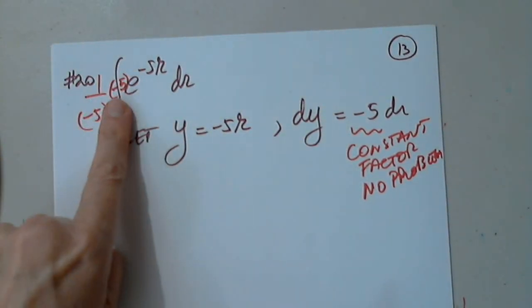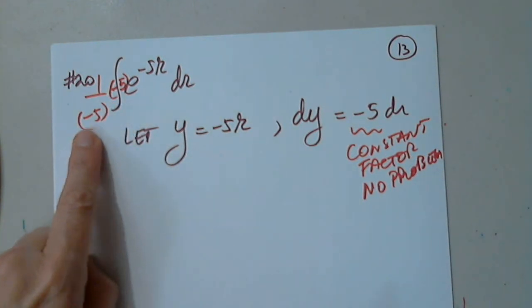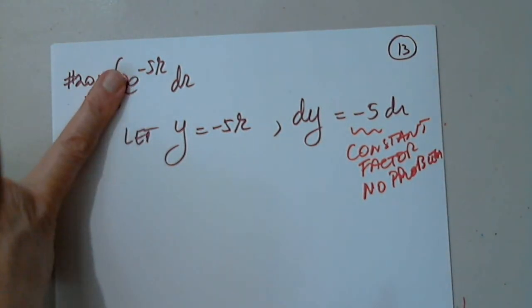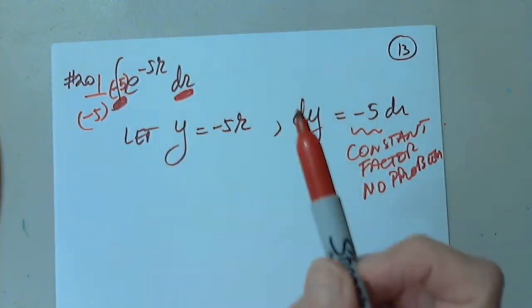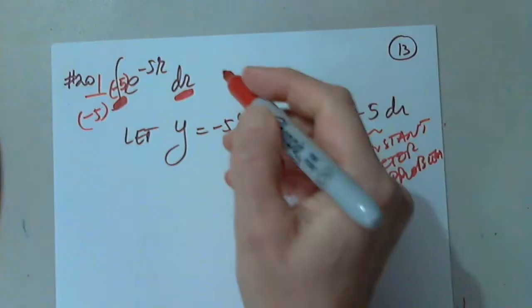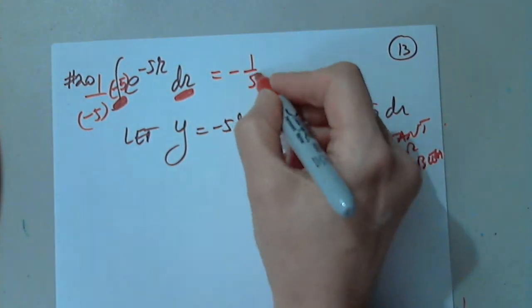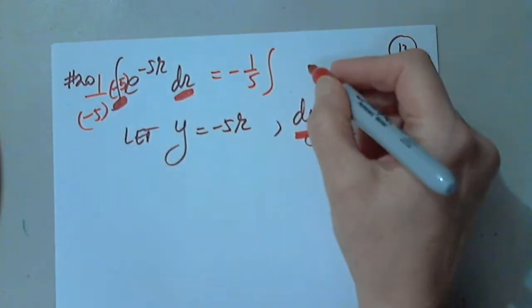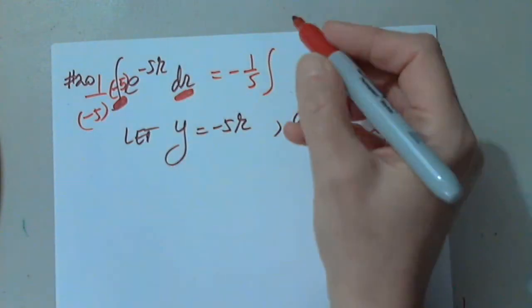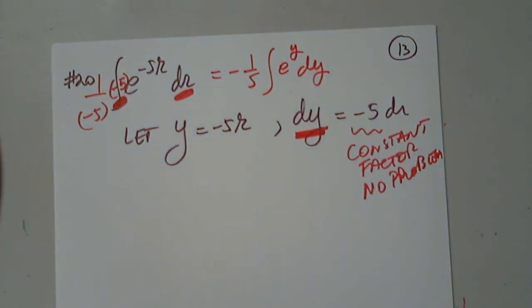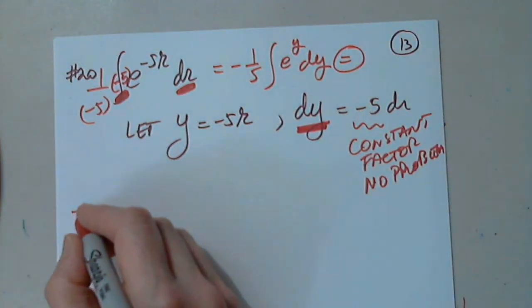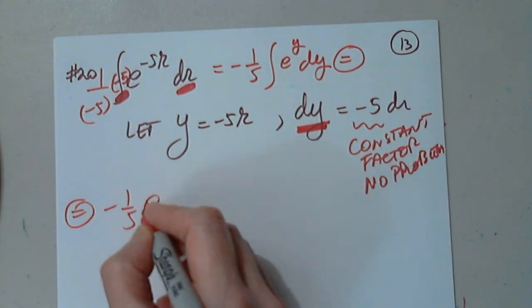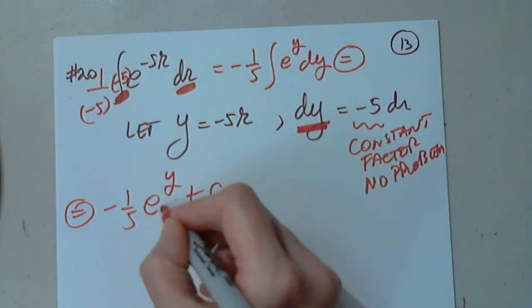If I multiply the numerator by -5 and the denominator by -5, this is 1. But now, this with this will give us dy. -1/5 in front. This with this is dy, and this is e to y. And then -1/5 e to y plus a constant c.